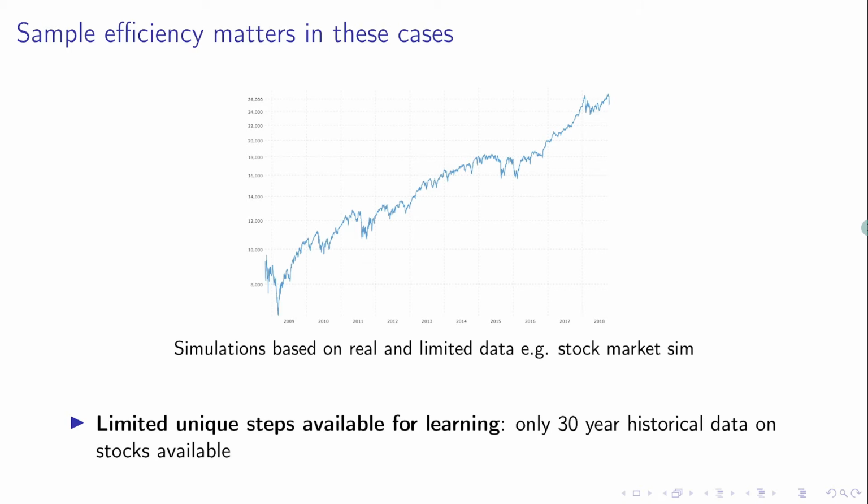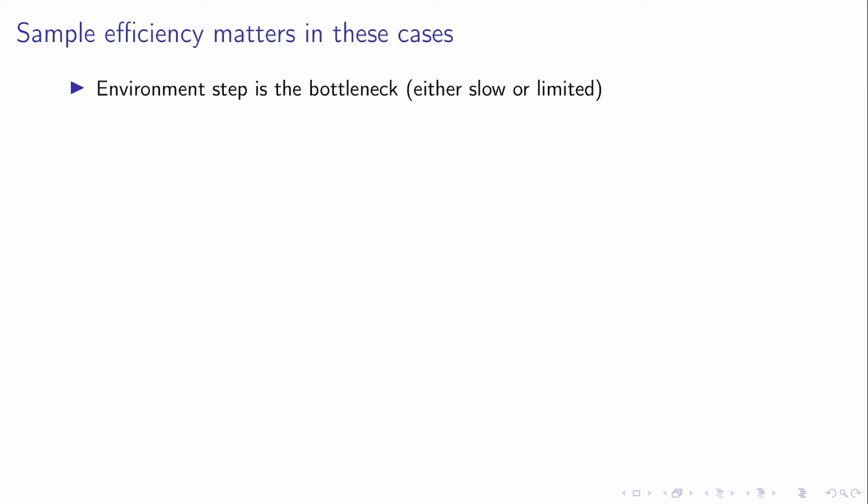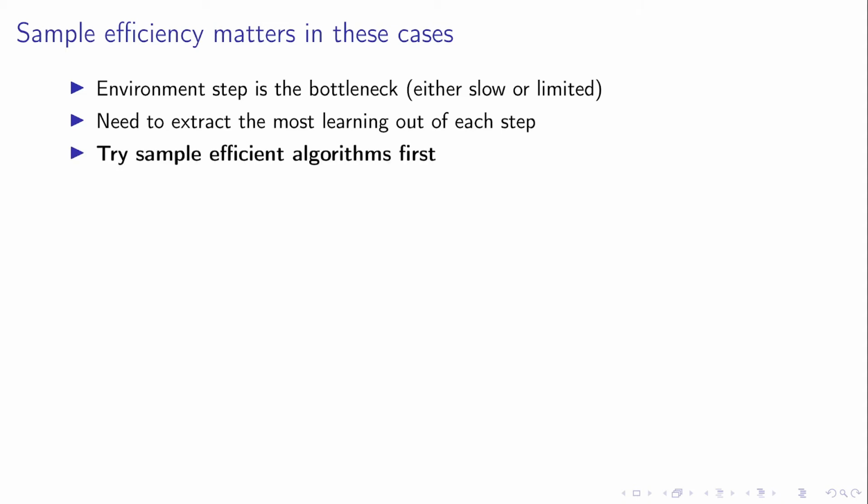For example, the stock market simulation might be based on 30 years of historical data because more data is simply not available. In both these scenarios, the environment step is the bottleneck, being either slow or limited. Therefore, we need to use an algorithm that can learn from the least amount of data. In other words, we should try sample-efficient algorithms first in these scenarios.